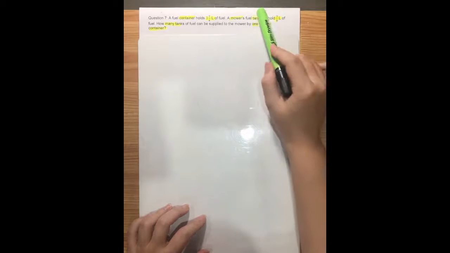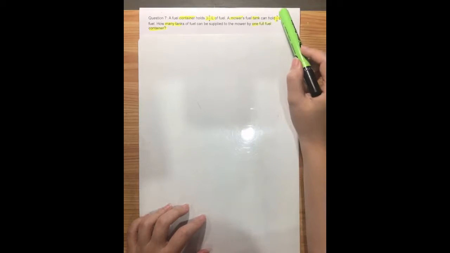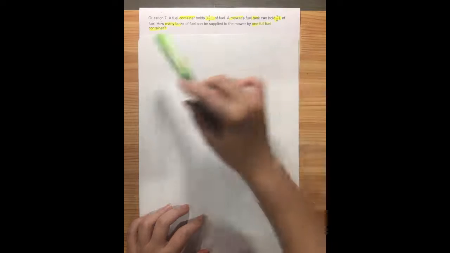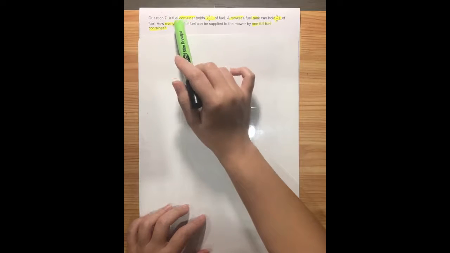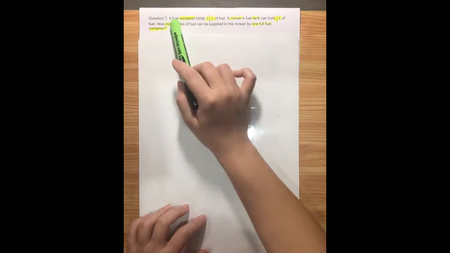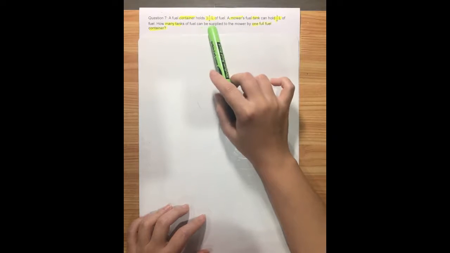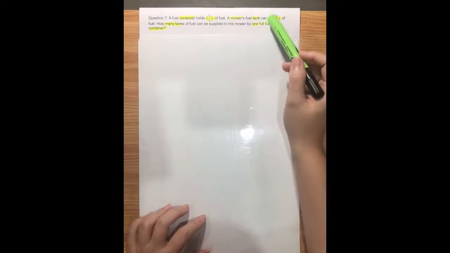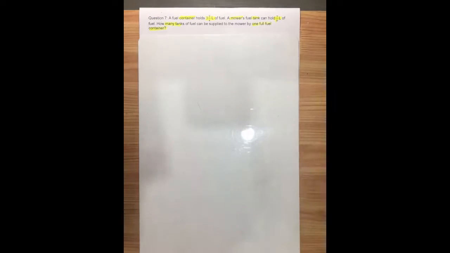I highlight the word tank that holds 3/8 liter of fuel, and then I highlight how many tanks can be supplied by one full fuel container. So after highlighting all the words and numbers that I find important, step 1 is to identify what information is given.